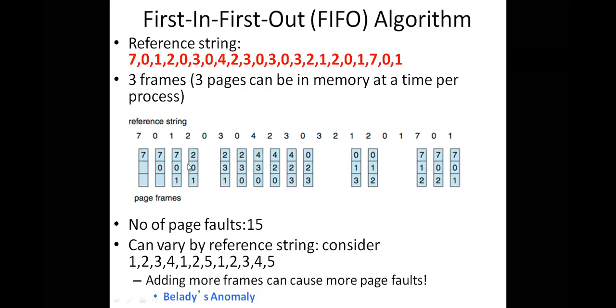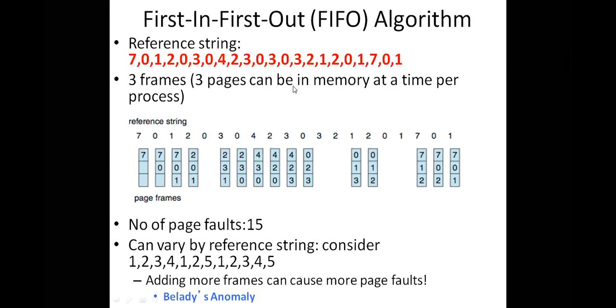But in the case of FIFO, adding more frames can cause more page faults. If we add more free frames, the number of page faults should be reduced. But here in the case of FIFO, if we add more free frames, the number of page faults is increasing. So that problem is called Belady's anomaly.